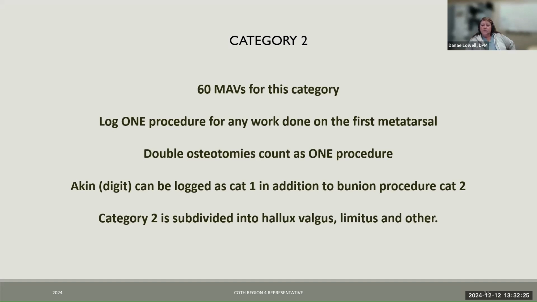An Akin, in addition to a head procedure, can be logged as a digit, category 1, and then a bunion, category 2. The procedures for category 2 are subdivided according to pathology into hallux valgus, hallux limitus, and the other first ray. To meet diversity requirements, there needs to be an assortment in each subcategory.